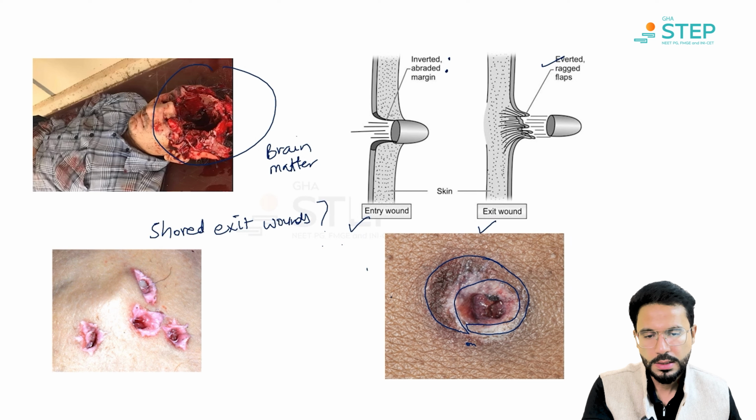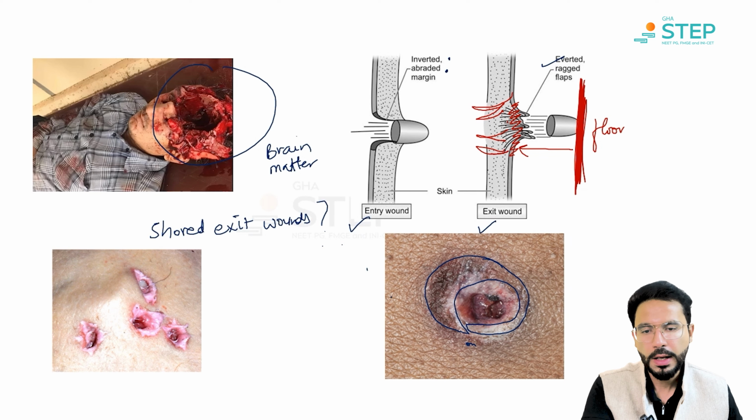So whenever there is a bullet coming out here, and imagine if there is a wall present over here, so the bullet strikes the wall or this hard surface, which could be a floor, and the bullet goes back and hits this skin over here. So this eversion will now have inverted margins again. So there will be inverted margins here, and you will not see the typical everted margins as you see in exit wounds, but these exit wounds which do not show typical everted margins are known as shored exit wounds.